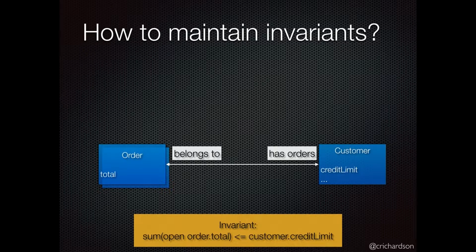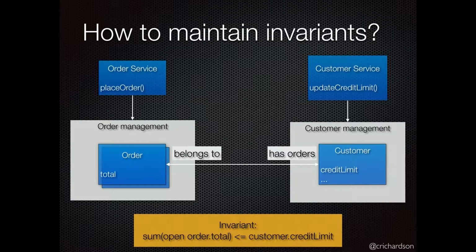If there's just one database, you can accomplish this using ACID transactions, though there are some wrinkles around isolation levels. But if you've now partitioned the system and there are two different databases involved, there's a real issue with maintaining these invariants. So we have this kind of tension.